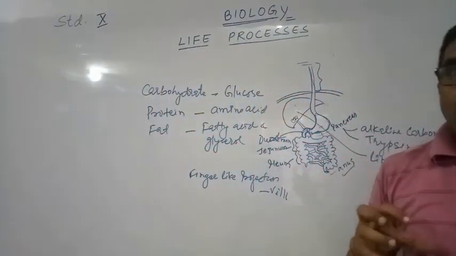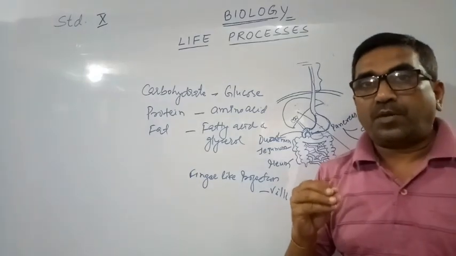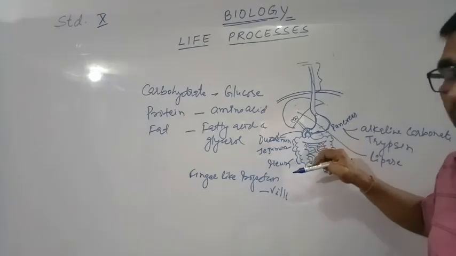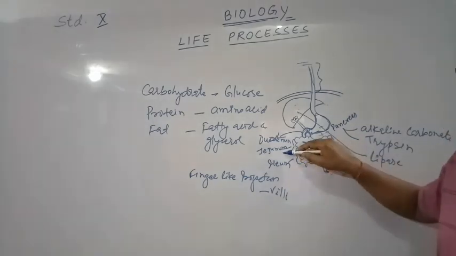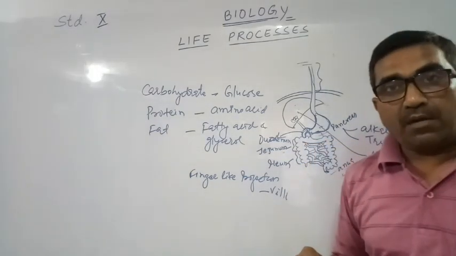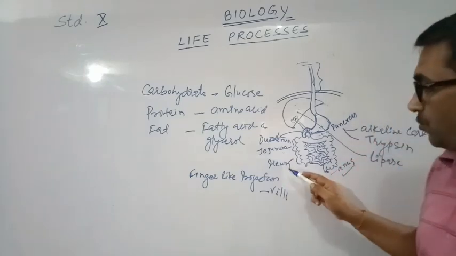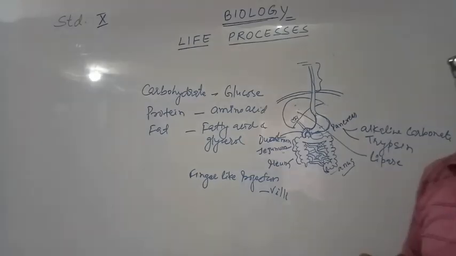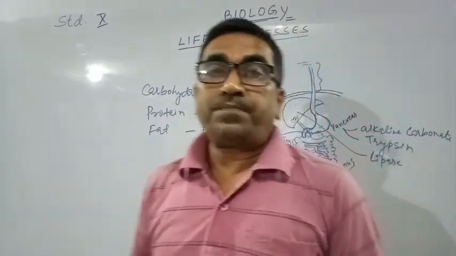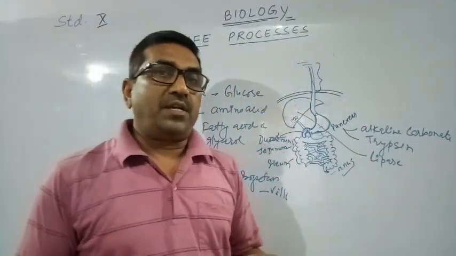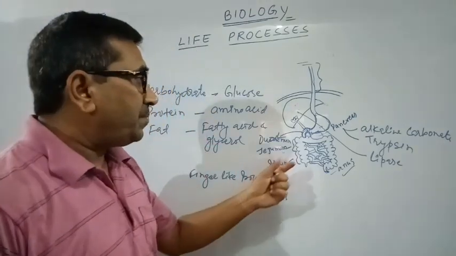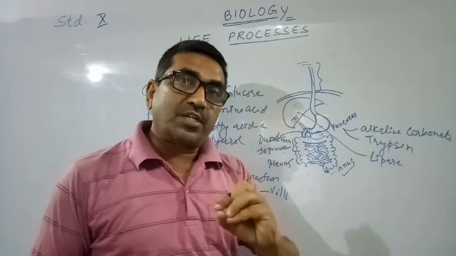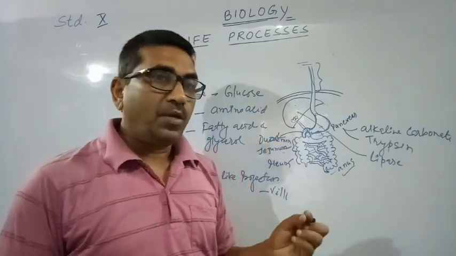The digested carbohydrate, protein and fat start getting absorbed in the jejunum itself. Vitamin B12 and other nutrients are absorbed in the ileum. The small intestine, which is about 9 feet in length, is where the complete digestion and absorption of nutrients takes place.